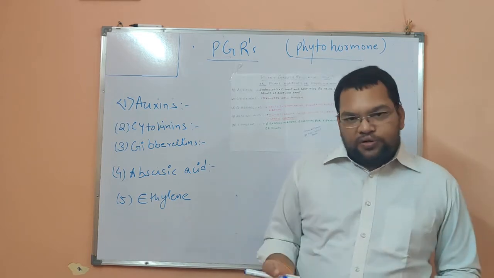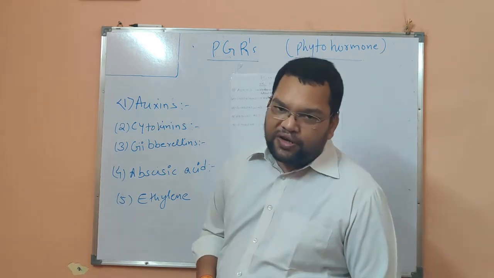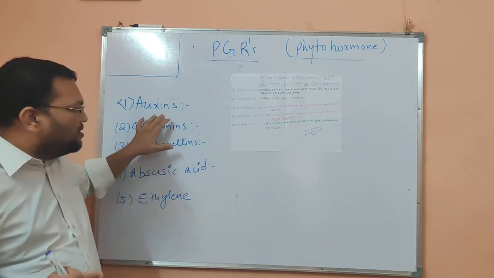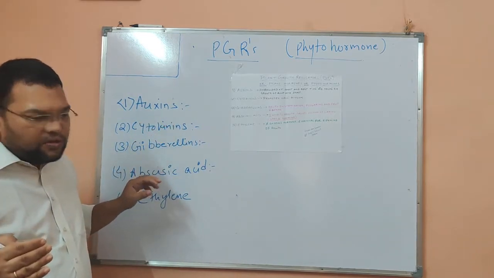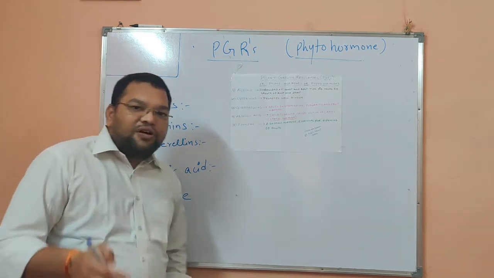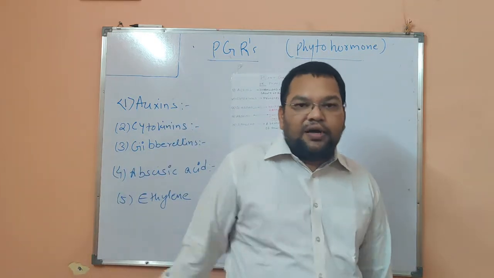Without hormones there may be deformities in the body of the organism. So hormones are very important. So auxin is a group of hormones. Cytokinin is a group of hormones. Gibberellins, abscisic acid, ethylene, these are all the types of hormones. And we have to study the function of these groups.